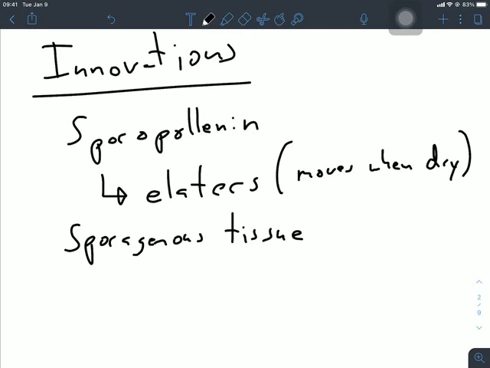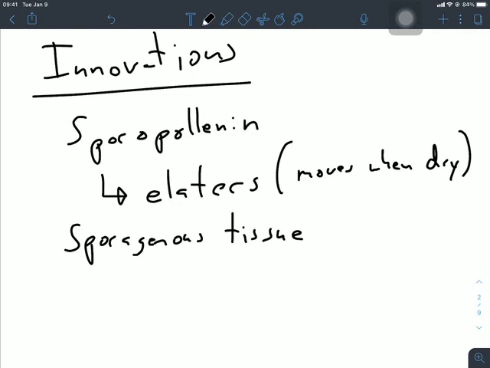So it's important to note and keep track of how these things change. Bryophytes actually feed their spores through sporogenous tissue. They give them a starting point, at least a backpack full of food to begin with.